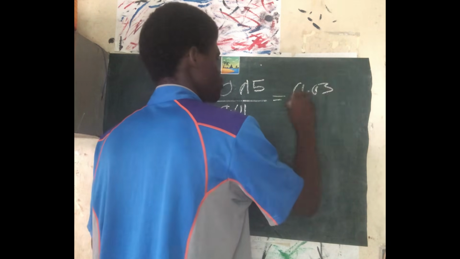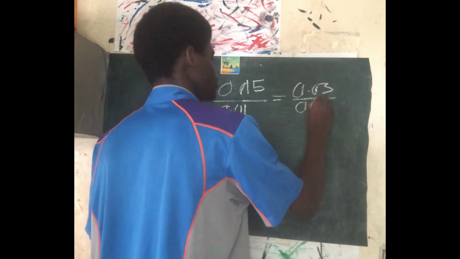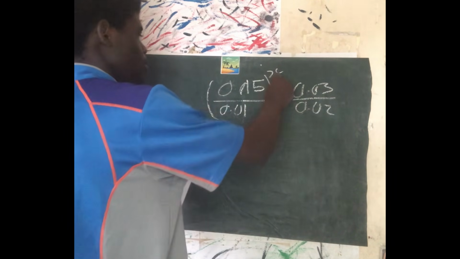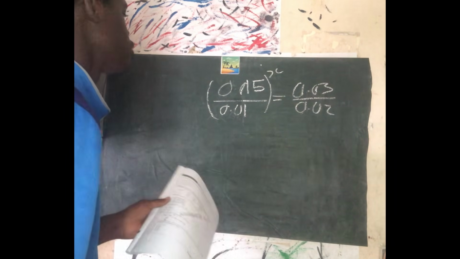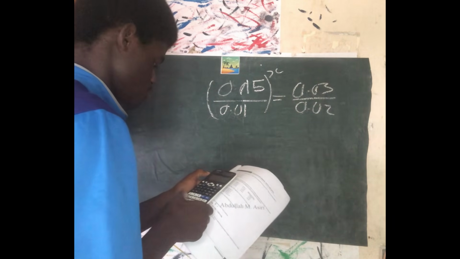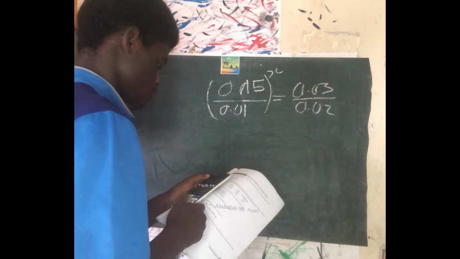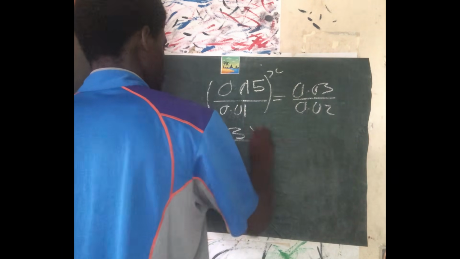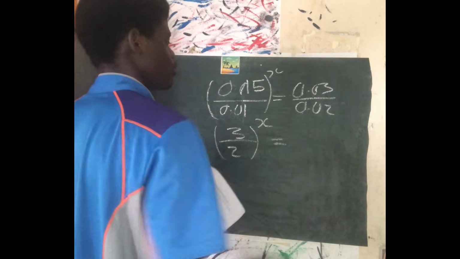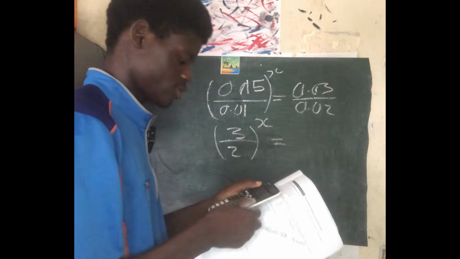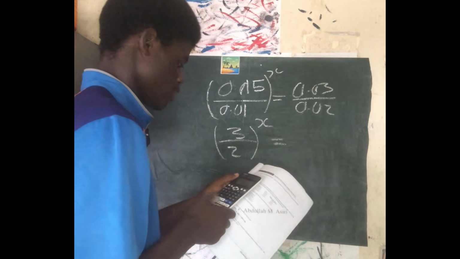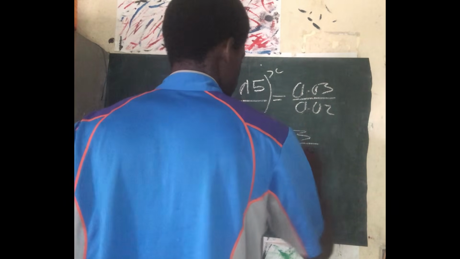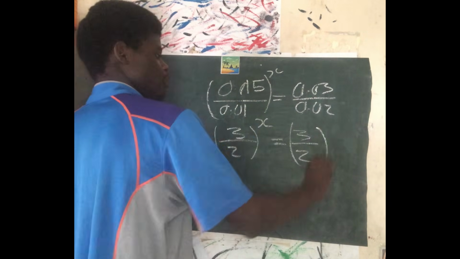The concentration ratio raised to x is equal to the rate ratio. So 0.015 divided by 0.01 gives 3 over 2, and 3 over 2 raised to x is equal to 0.03 divided by 0.02, which is also 3 over 2, that is 3 over 2 raised to 1.